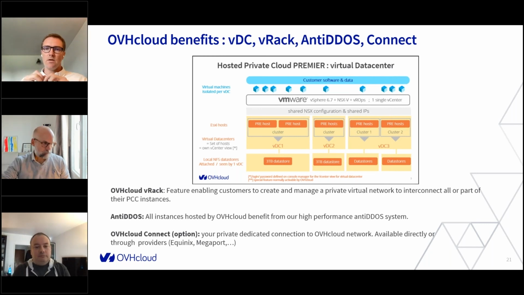If you know this one, you know that it's really powerful because you can create a private network through different data centers, through different products, because it's not only on VMware platforms. You can really use this one and add it to your internal network, through BGP, through NSX, as we explained, or through OVHcloud Connect.